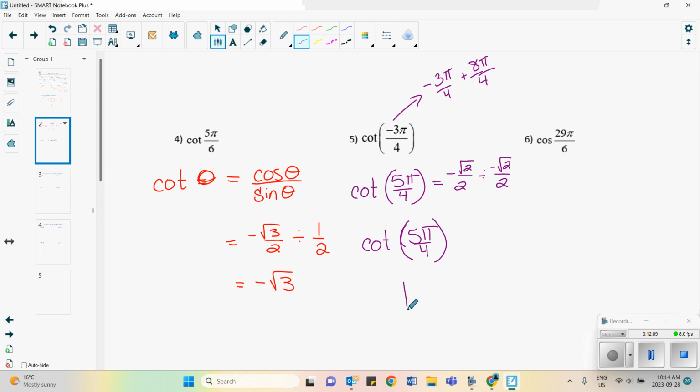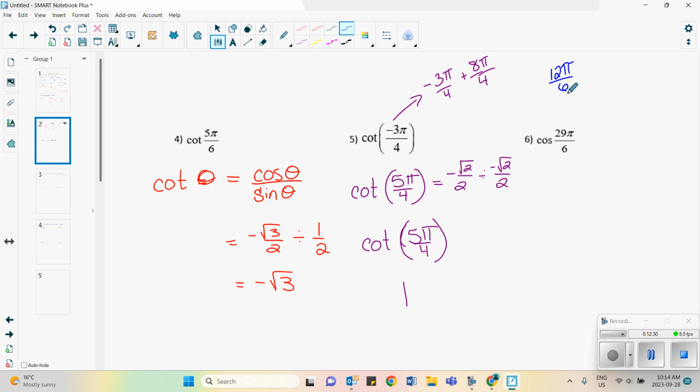Last one. What am I going to do here? I have no idea where I am. I'm going to find a smaller positive coterminal angle. That's going to be my strategy. I know that the full rotation is 12 pi over 6.